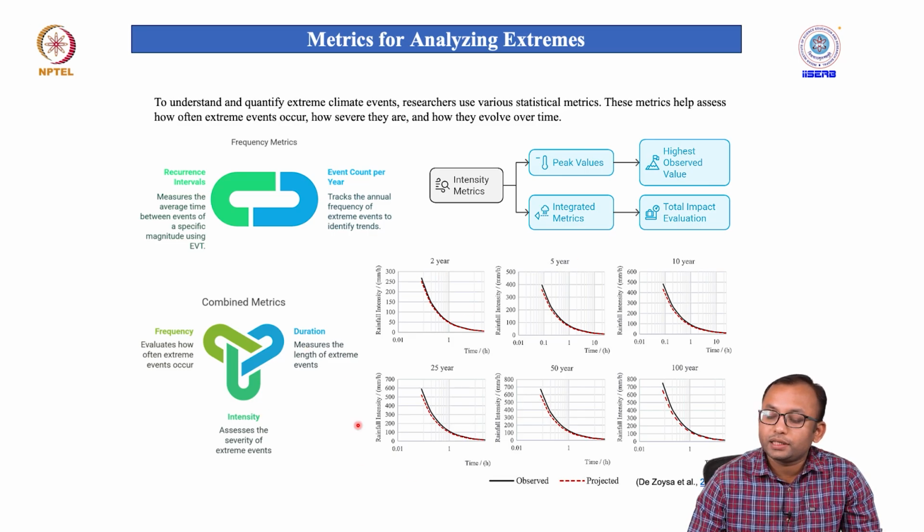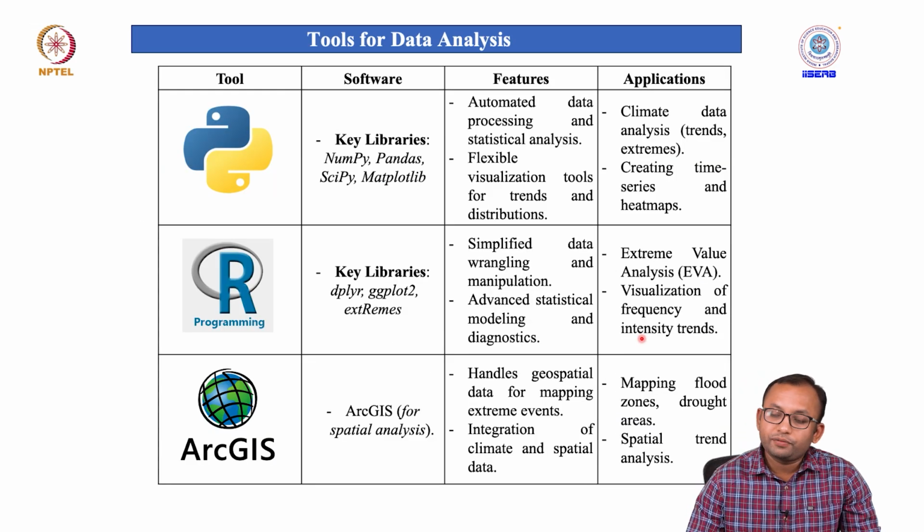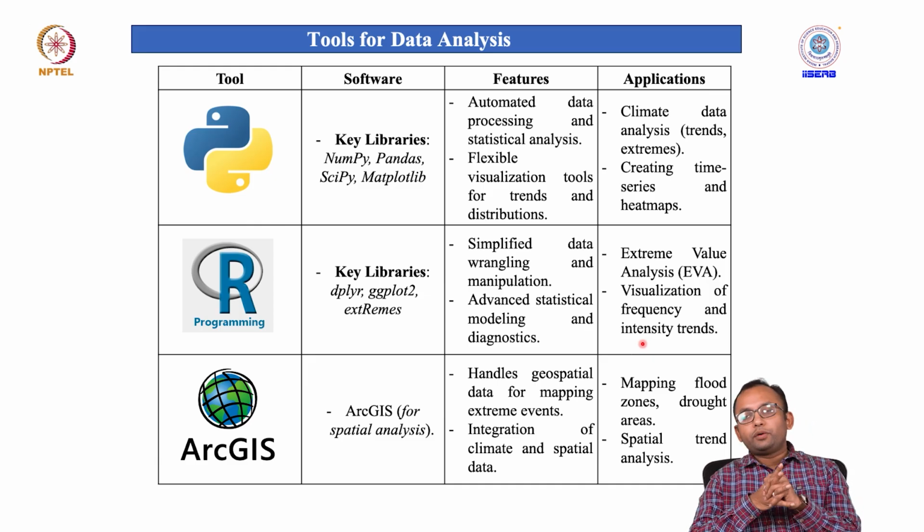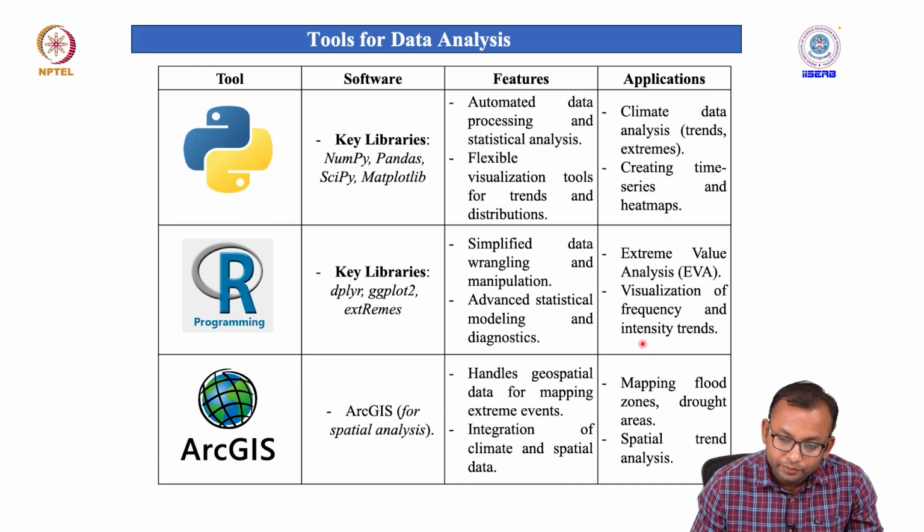Once we know all these three quantities, we can quantify the frequency and magnitude relationship at different durations as well, along with probabilities, recurrence intervals or magnitudes for different types of extremes.